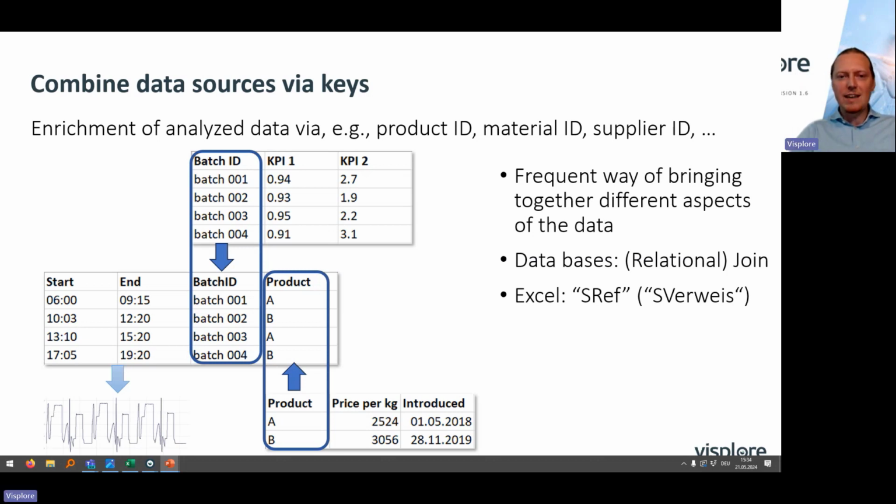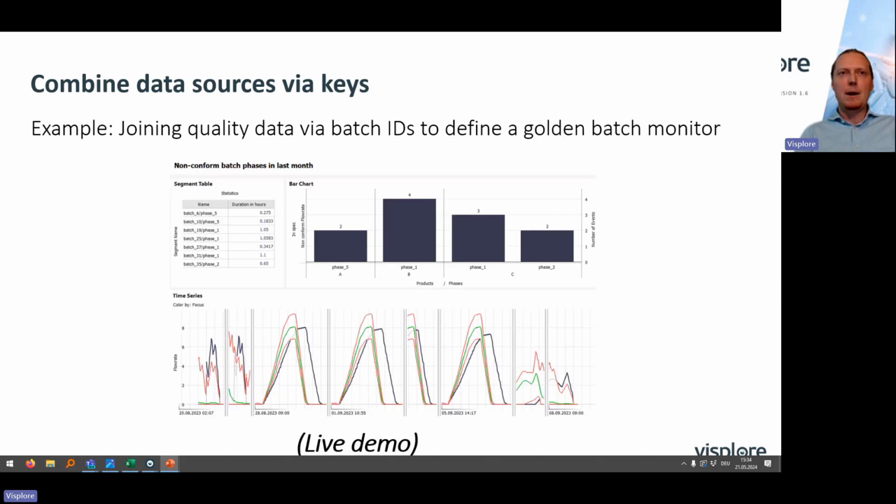And I would like to show you this in a live demo with data from batch manufacturing. And here we also join quality data to the process data for the purpose of defining some golden batches, so some corridors where the process data should be based on some good products we made based on the quality and shapes of the process data.